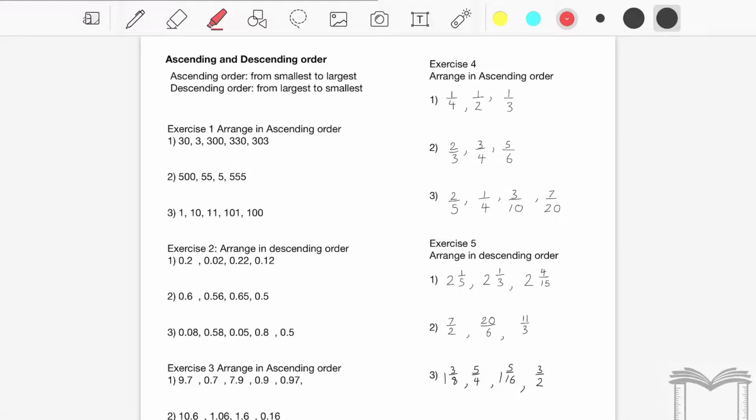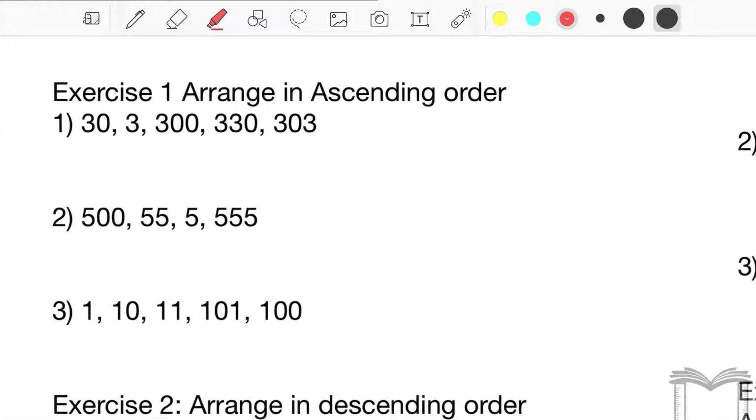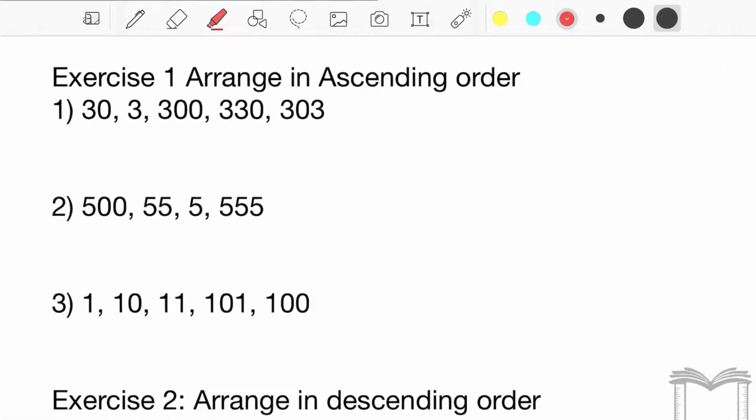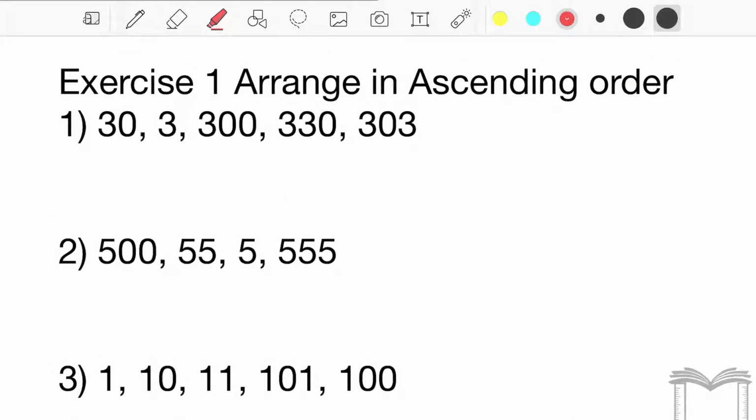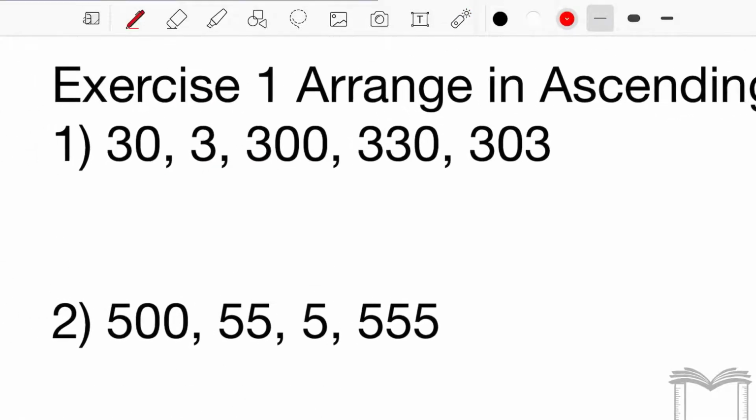So let us begin. Exercise 1. Arrange the following numbers in ascending order. Again, ascending order means smallest to largest. So here we have a ones number, the only ones number. So that will be the smallest number.